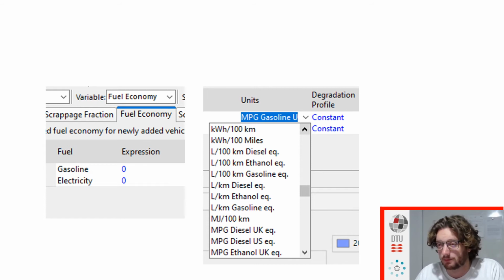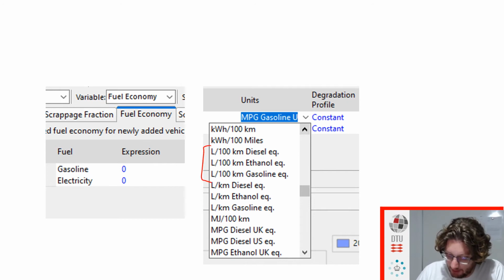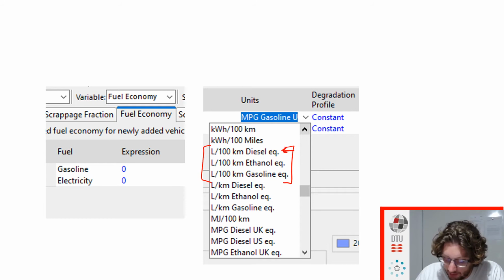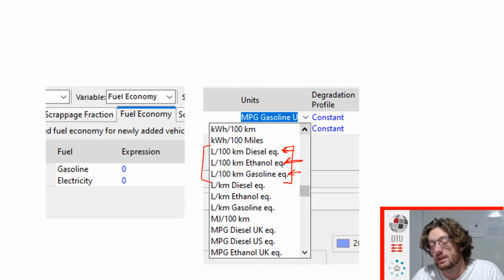But yeah. The one thing we can also look at, which is quite interesting, is that because we can have a number of different fuels, we could technically also make a car that runs on coal if that's what we want. LEAP won't stop us. We can see we also have it in equivalents, so we can have it in diesel equivalents, ethanol, and gasoline equivalents, and that is quite useful, especially when we're fuel shifting.